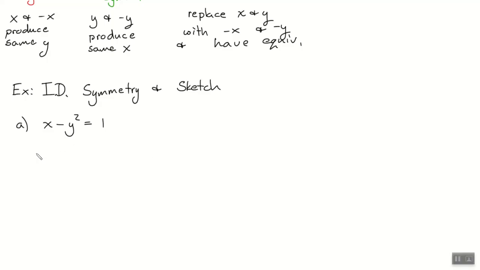Okay, so I'm going to check for origin first. No particular reason other than I have a feeling this answer is going to work well for what I want you to do. So I'm going to say origin, and we'll check to see if there is symmetry here. According to what we wrote right above, if there's symmetry, I should be able to get the exact same equivalent expression if I replace x and y with what?